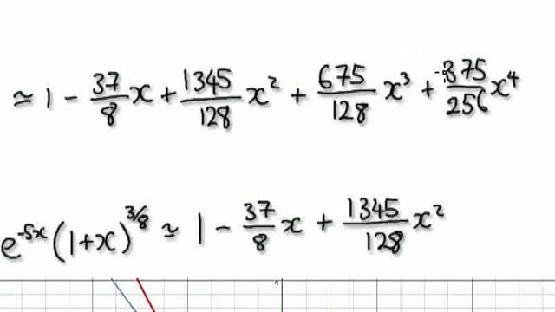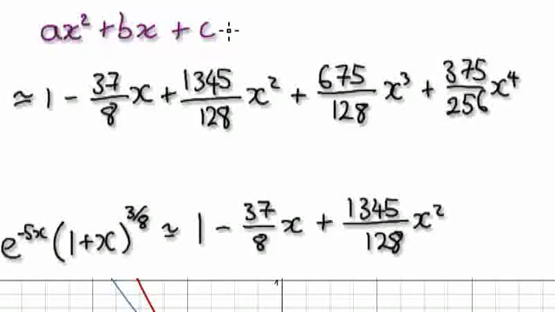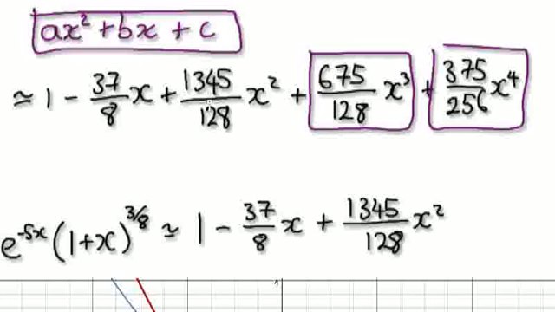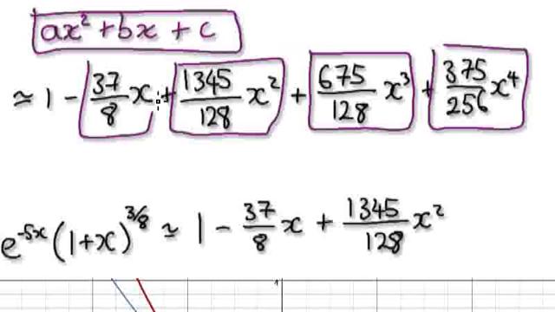Because we want a quadratic approximation, we want it in the form of a plus bx plus cx squared. This is a quadratic. You see, at the moment you've got one block, you've got another block here, you've got this block here, you've got this block here, and then you've got this here.